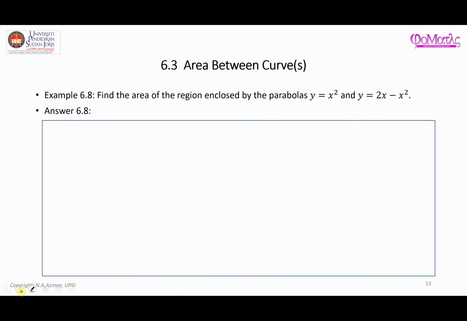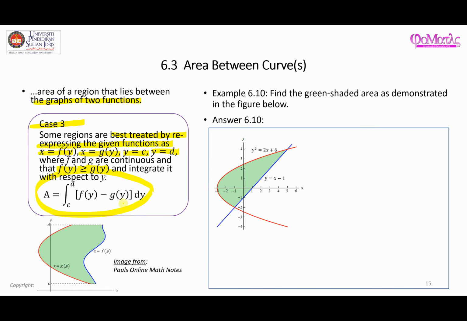On the other hand, sometimes you may also get an area, for example this one here, where you can see that it is best if you integrate with respect to y instead of x.